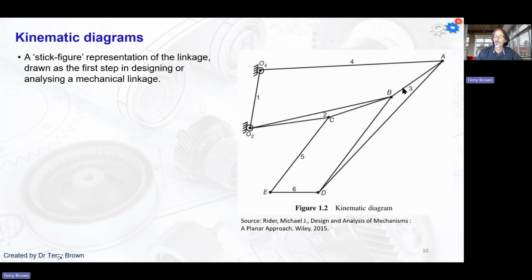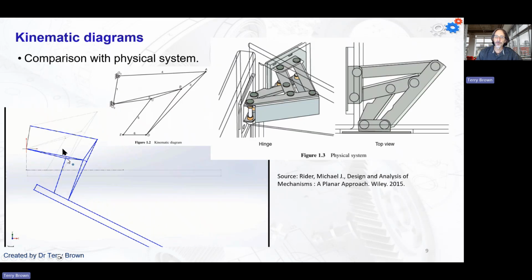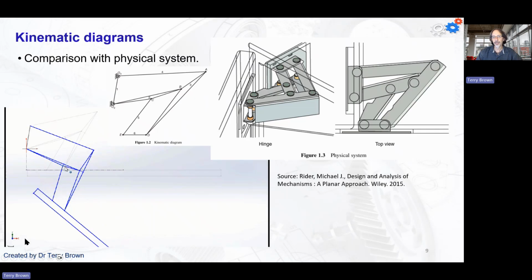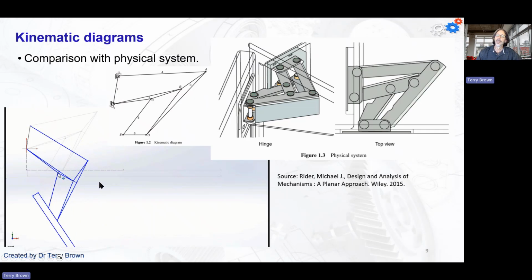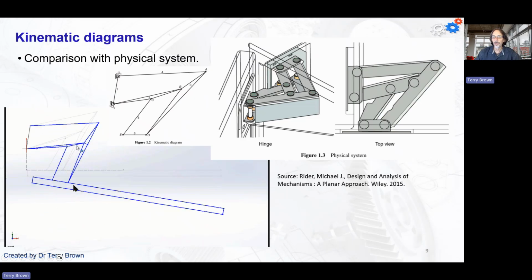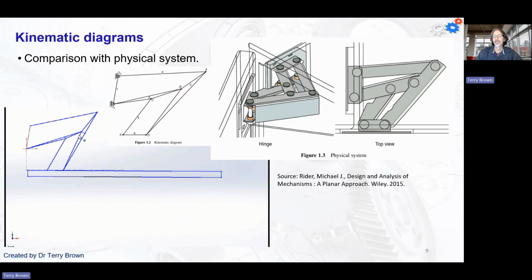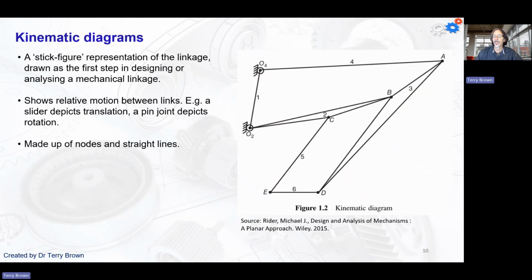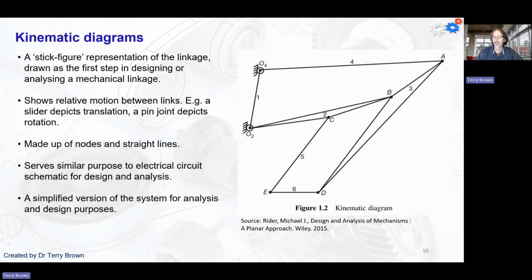If you want to get a better picture of how the mechanism is going to move, then create a SolidWorks model, or whatever software you're most familiar with, and you can do that with it. It's made up of nodes and straight lines. As I said, it serves a similar purpose to an electrical circuit schematic.